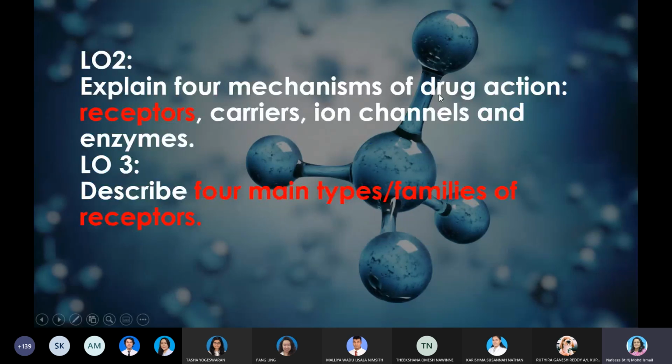Okay, explain four mechanisms of drug action: receptors, carriers, ion channels, enzymes. I said that it is related to receptors, which have four main types. I want to see whether we have time. Now we have only 4 minutes more. I'll continue until 10:15. What time is your next lecture? 10:30.